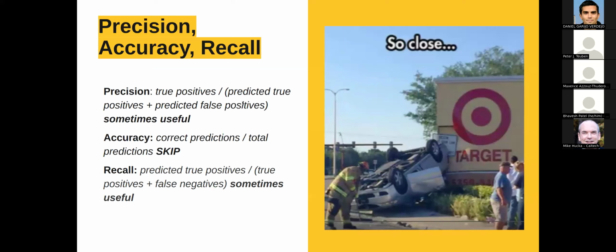These are metrics often used for machine learning models. Precision can be characterized as what proportion of positive identifications was actually correct. This is good for cases where you care more about true positives and you want to minimize false positives. Accuracy is a very broad measure: the total number of correct predictions over all predictions.